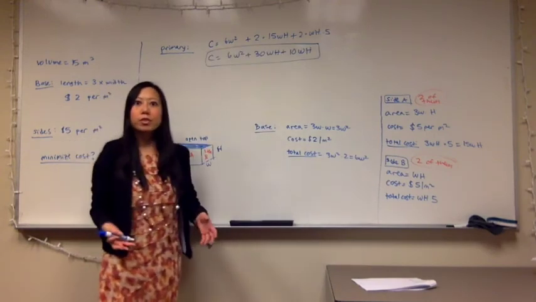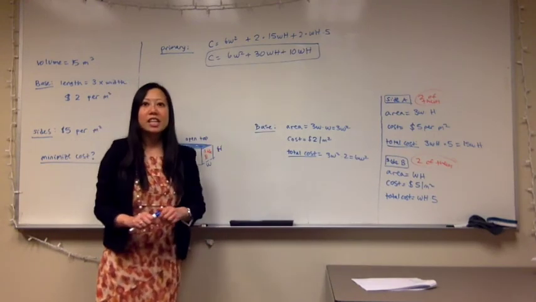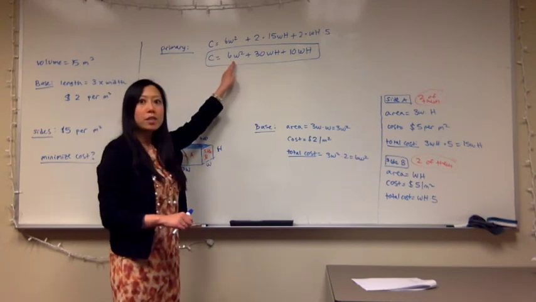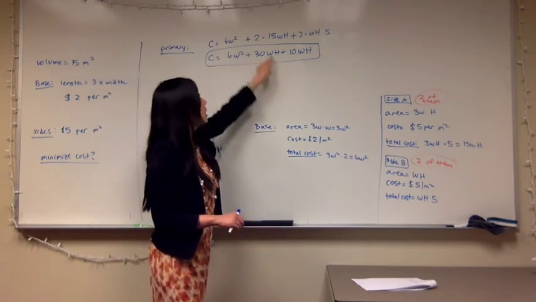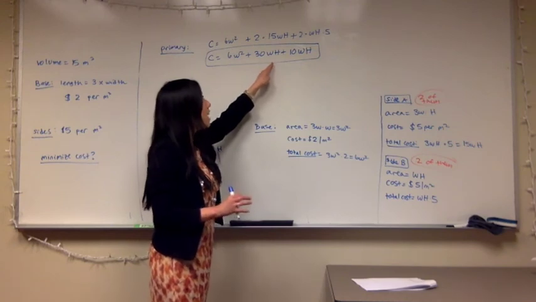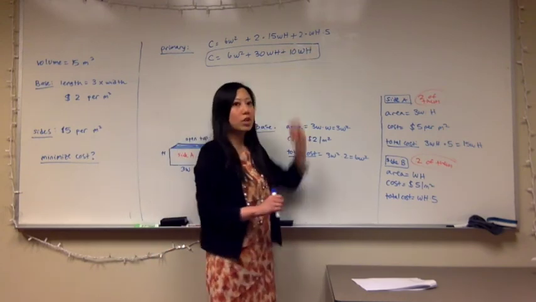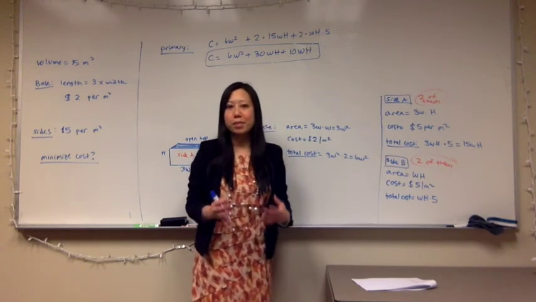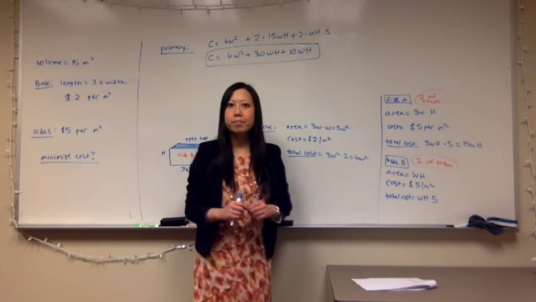So simplifying that gives this, okay, and that's the primary equation, that's the cost. Again, we take the total cost of the base plus 2 times the total cost of side A plus 2 times the total cost of side B. And remember, there's no cover, so that's why we don't multiply the base by 2. It's just one of them.